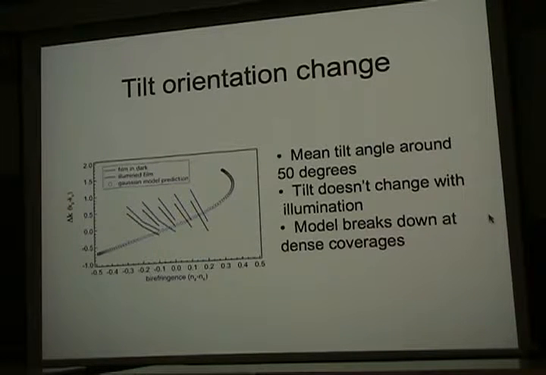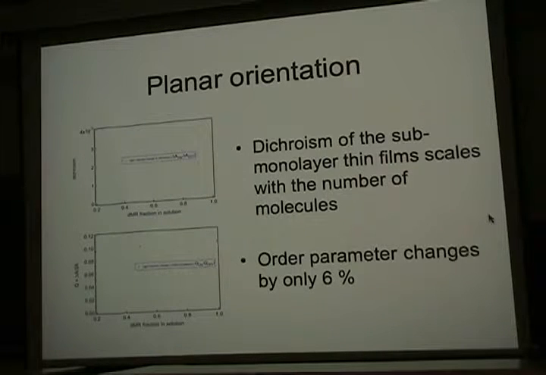What you see is that the optical constants of the illuminated layer don't fall very far from the non-illuminated layer on this Gaussian prediction of layer orientation. That means the molecule really doesn't change in tilt very much when you illuminate it, maybe a couple of degrees. So that's an important result. Once again, this model does break down for denser coverages, so something else might be going on there.